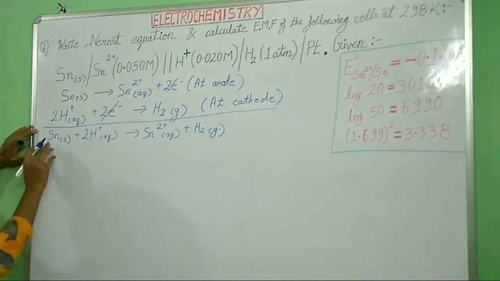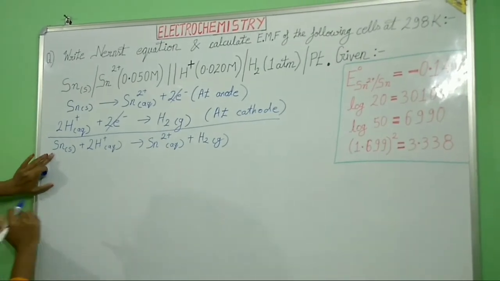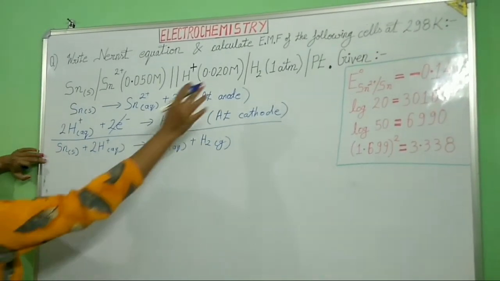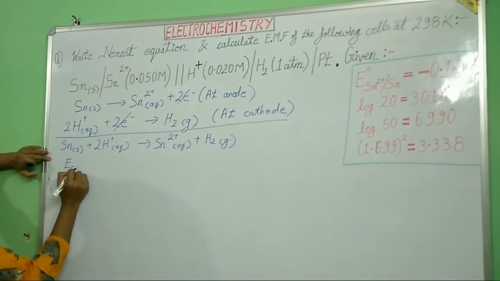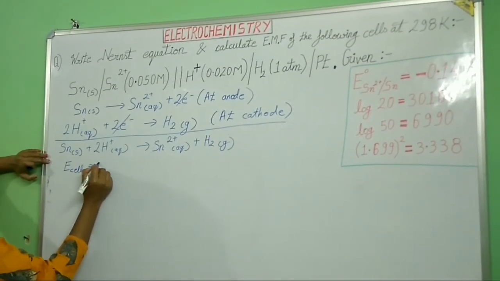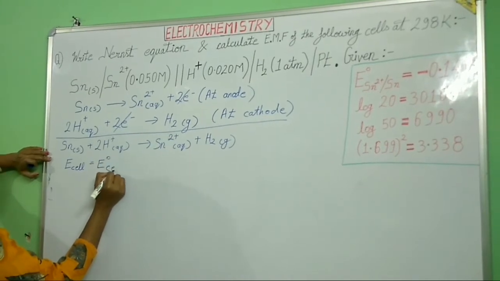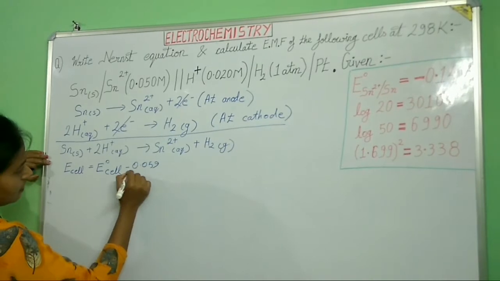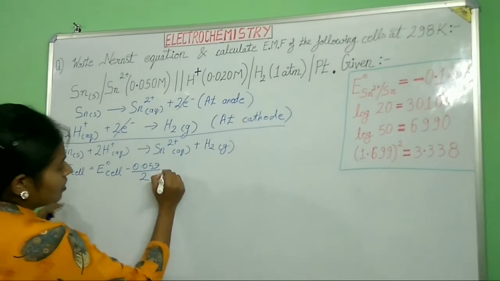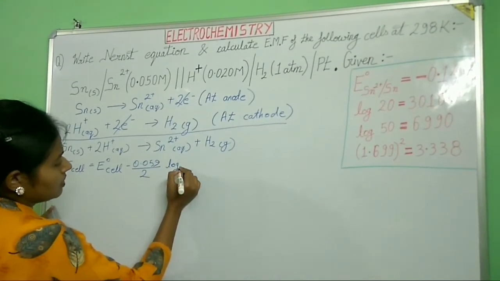Now we know whenever a solid is present, its concentration is taken as 1. So how to find out the EMF of the following cell? E cell equals E naught cell minus 0.059 divided by 2 log anode divided by cathode.